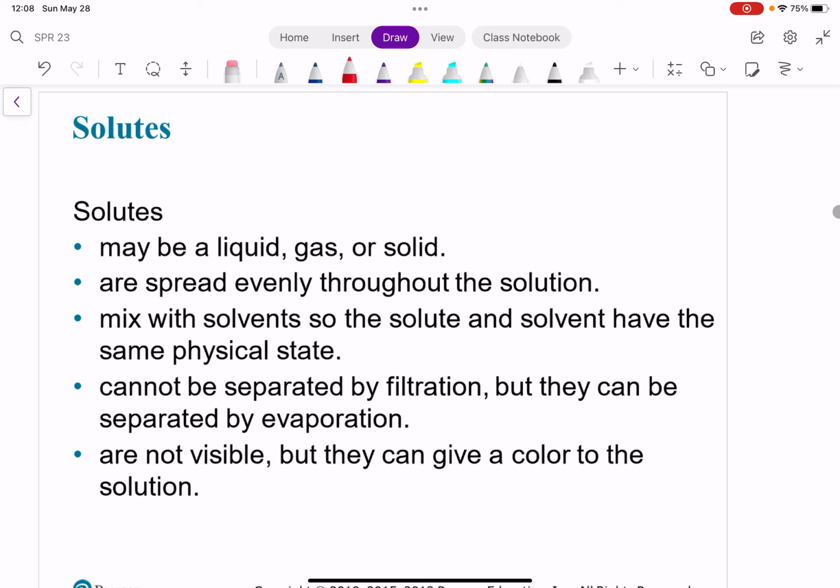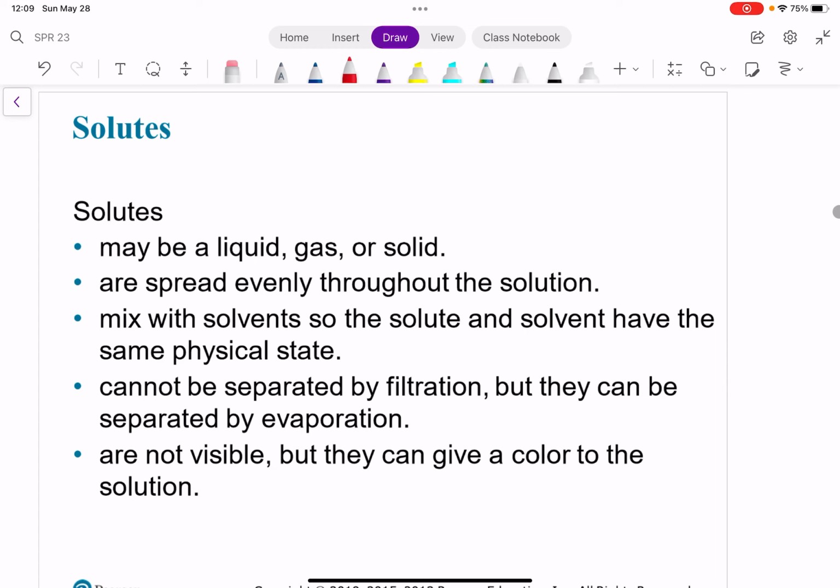A common gaseous solute that you are familiar with is carbonated beverages. We dissolve CO2 in those carbonated beverages, and that's what makes them all fizzy. Liquids could be, I don't know, like liquid sugar that we dissolve in iced coffee to make it easier to dissolve, and stuff like that.